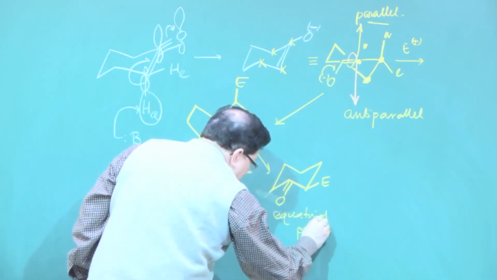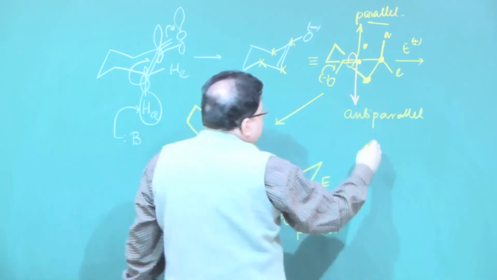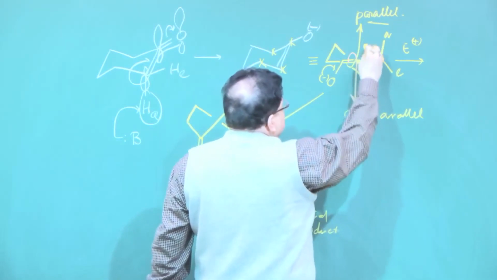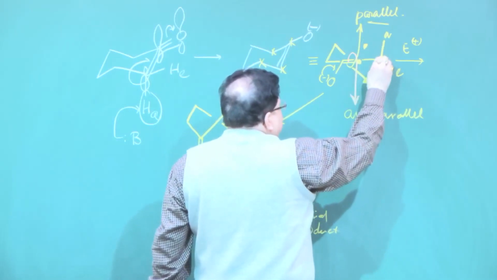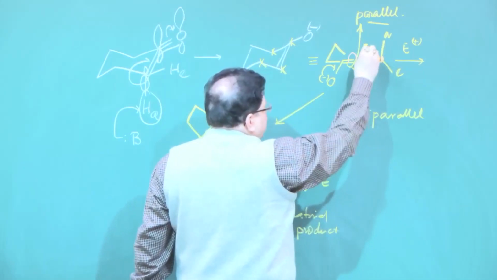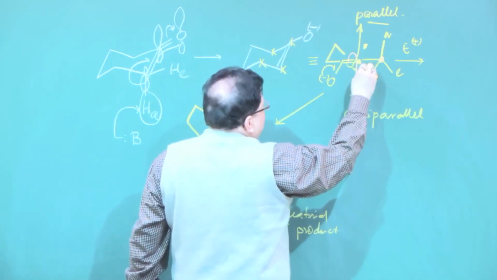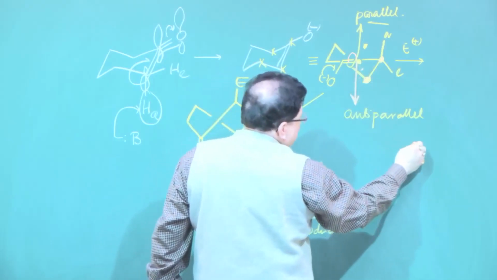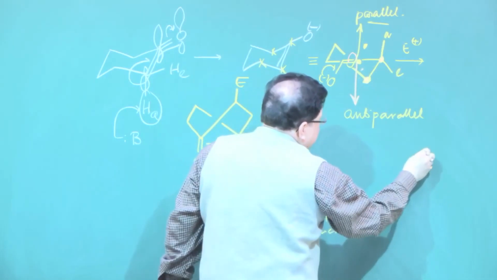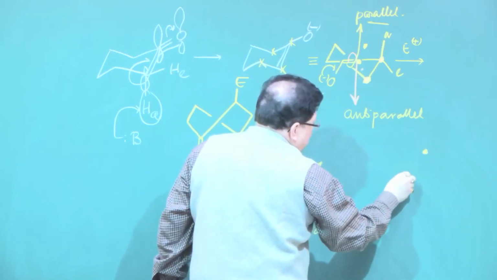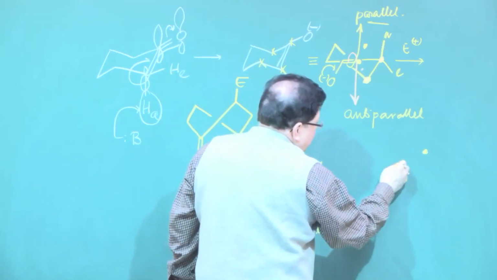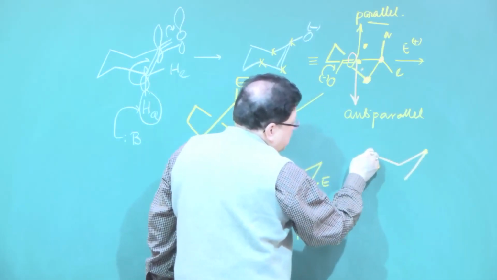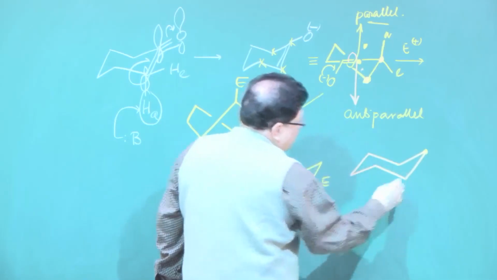On the other hand, in anti-parallel attack, this carbon is there, these are prefixed positions, and this carbon will go down. So there is a carbon already there, another carbon already there, and another carbon going down. That is typical of the representation of a chair form.